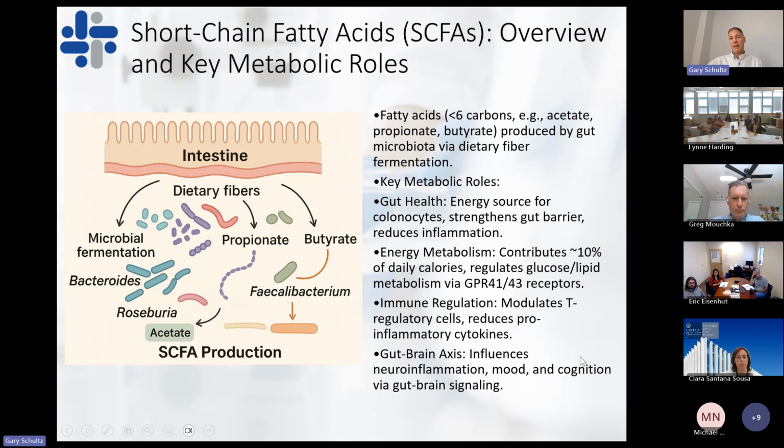The short-chain fatty acids that are produced in our system contribute to some of our calories for the day and play a role in regulating immunity. And there's lots of research into this gut-brain axis influencing mood and cognition through some signaling pathways.